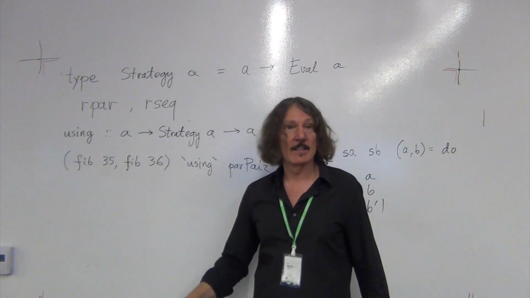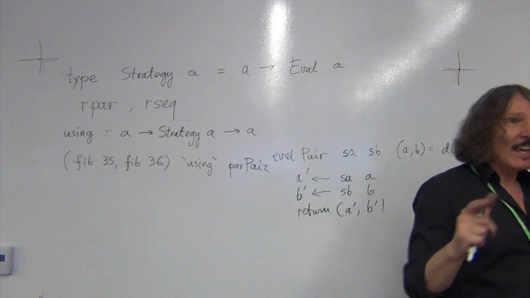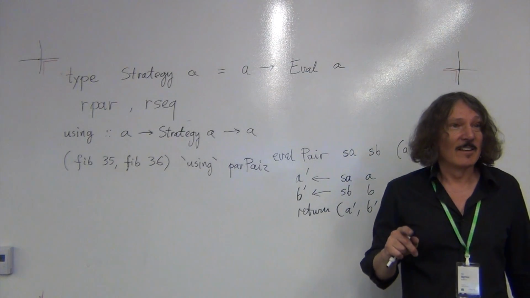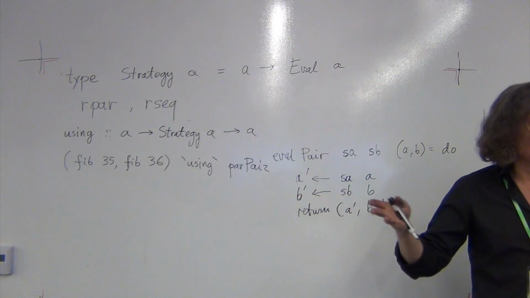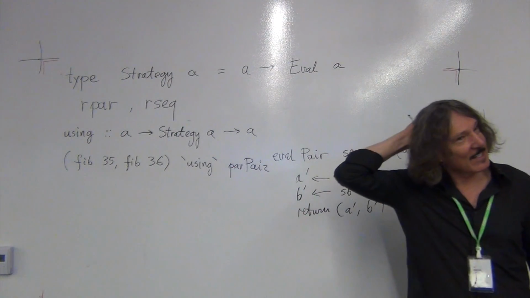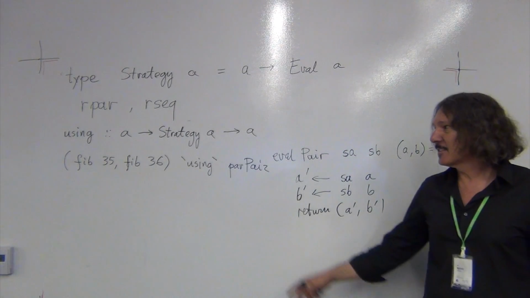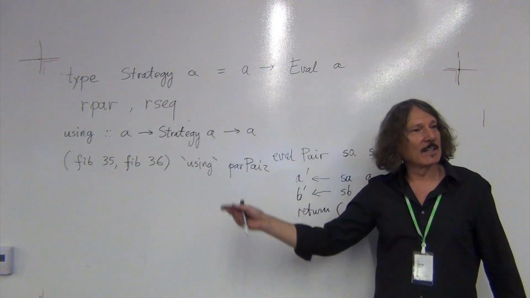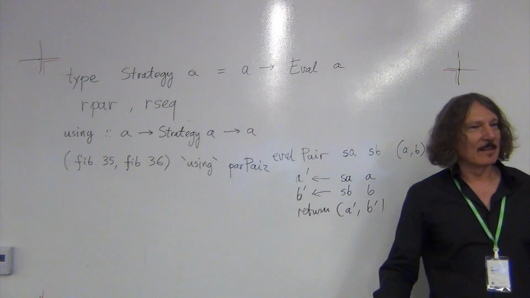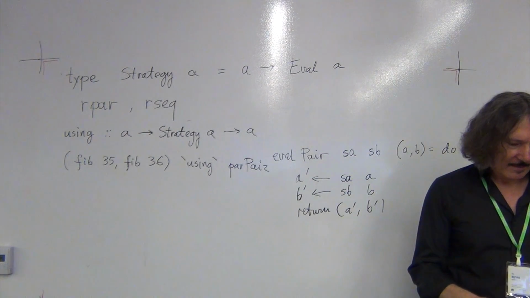Please calculate this. And this, after using, looks like an annotation that says, by the way, use this strategy to evaluate it. So you can take a sequential program and you can start annotating with using, and you suddenly get parallelism. So that's very nice.